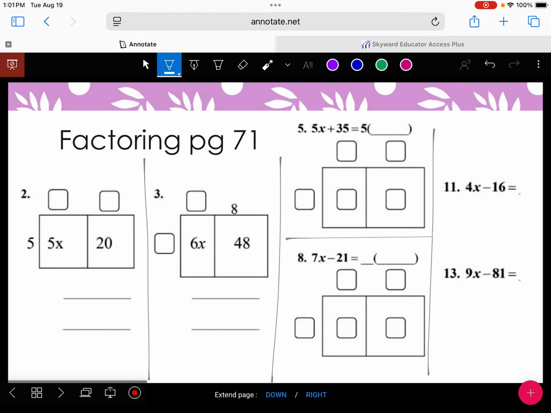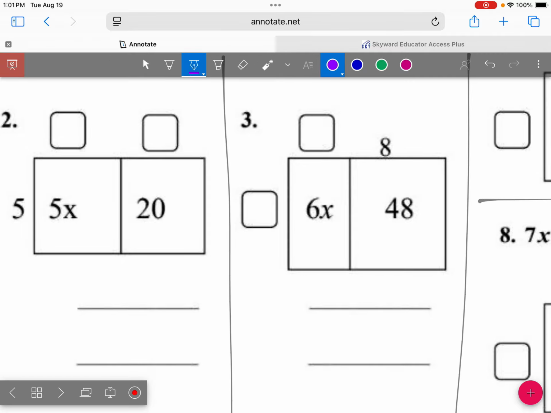So we have on this first one, which is technically number 2 because number 1, they pretty much did all of it for you. We have 5x plus 20 on the inside. And they've already picked for us that they're going to take a 5 out. So if we were writing this as our sum, the way we did on the previous page where we wanted no parentheses, we knew it was 5x plus 20.